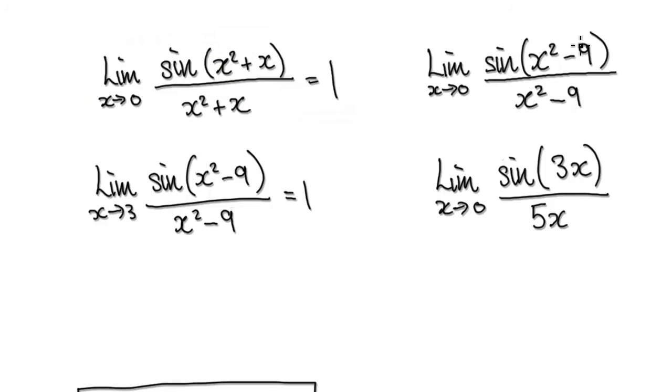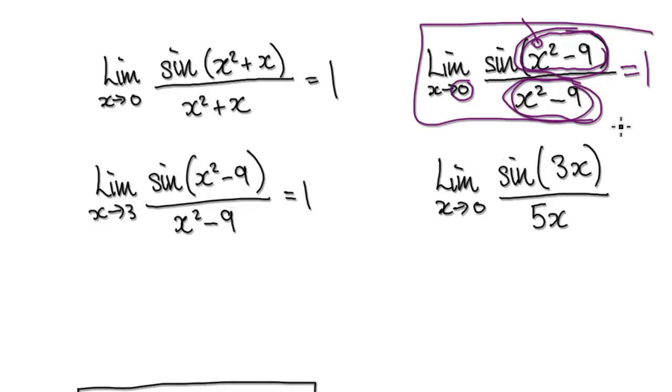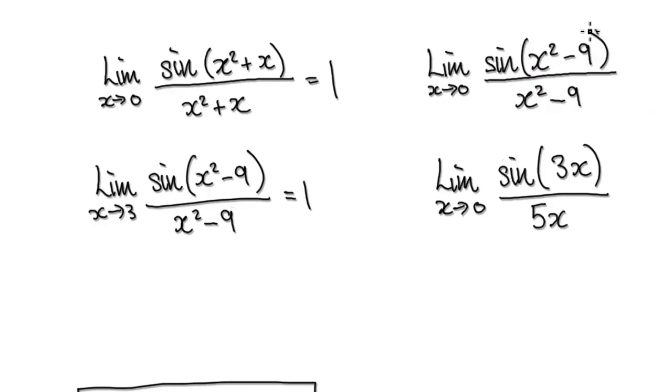If you look at this one here, you've got this bubble being exactly the same as this bubble. As x heads towards 0, this bubble doesn't actually head towards 0. It actually heads towards -9, and this bubble heads towards -9. So you can't conclude that this equals 1, because this bubble is not actually heading towards 0, even though x is heading towards 0.